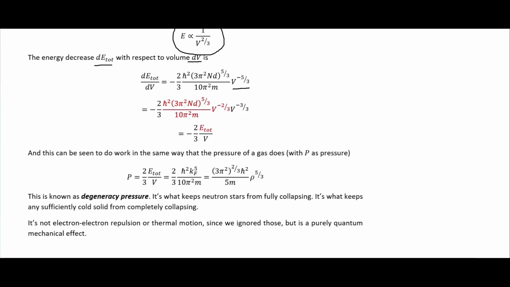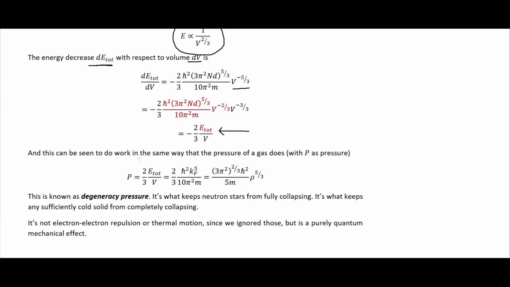But this part here in red is just equal to the E total, and so we can then just do -2/3 times E total over V. And so this is the change in energy with some change in the volume. So if you increase the volume by some small amount, you decrease the energy by this amount.